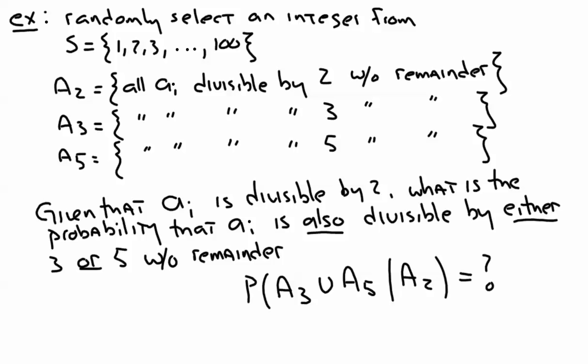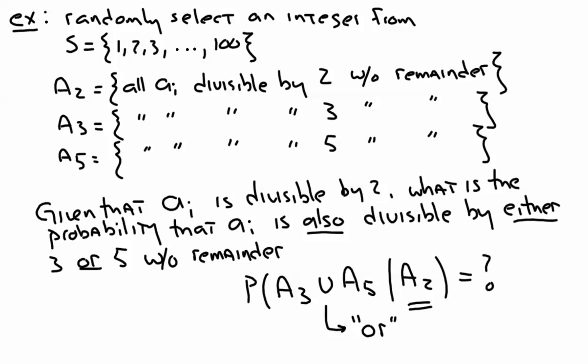If the integer that I select falls in event A2, meaning that it's divisible by 2 without remainder, what is the probability that it is also divisible by either 3 or 5 without remainder? The union symbol represents an or. It can be divisible by 3 or 5, meaning it lies somewhere in the union of those two events.